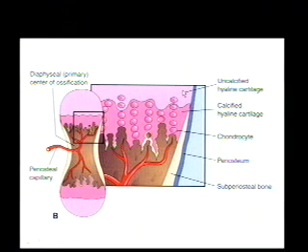This becomes in part the growth plate, the epiphyseal plate that persists through puberty. But of course, on the articulating surfaces, there will be some of this hyaline cartilage that will persist as the articular cartilage.